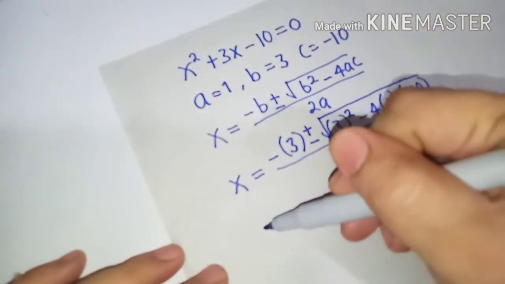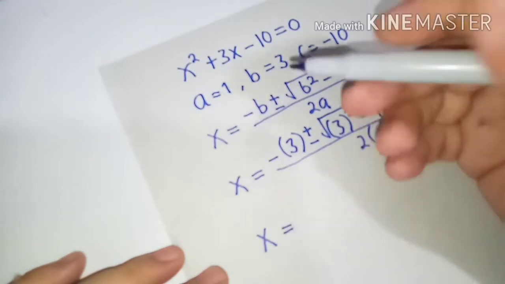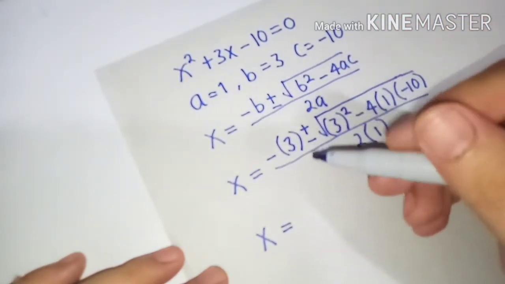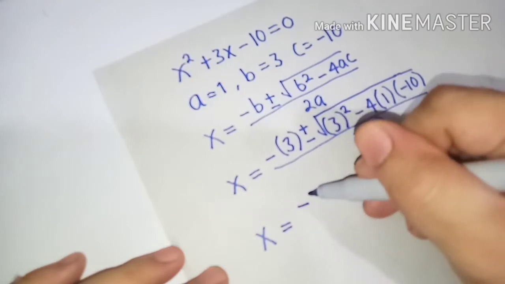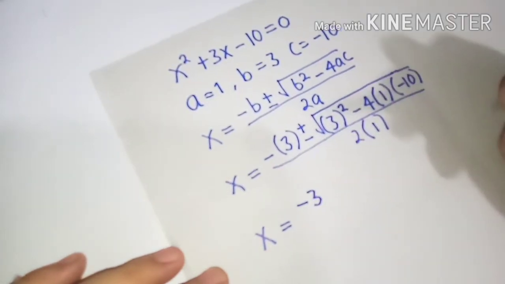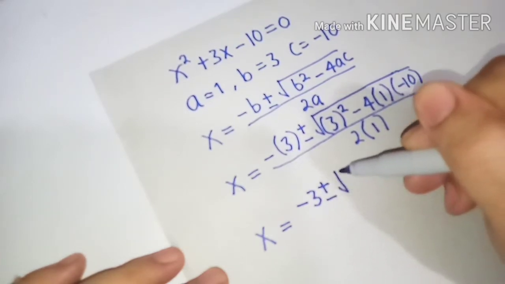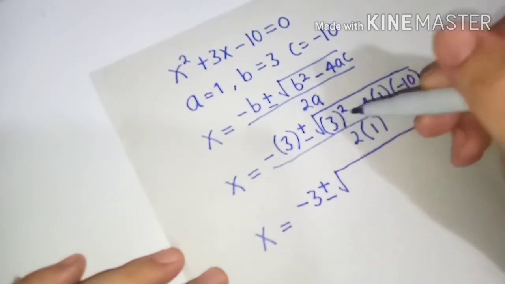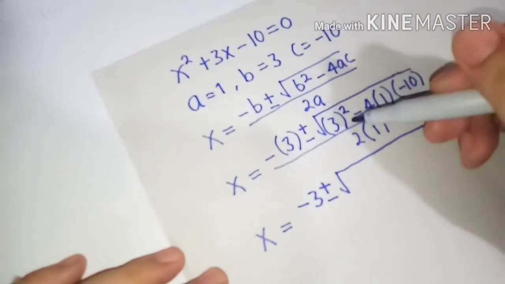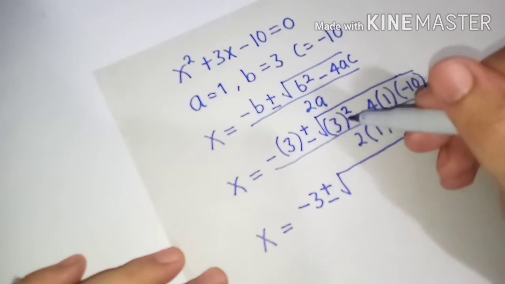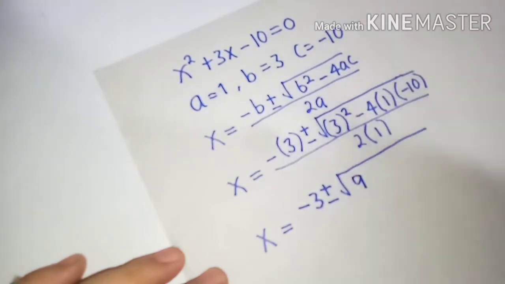After that, write x here equals negative times positive equals negative. We have here negative 3. And then copy plus or minus, the square root of, simplify inside the radical sign. Since 3 raised to the power of 2 means 3 times 3 equals 9.